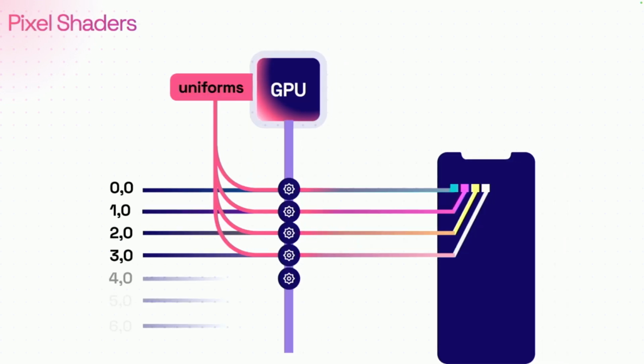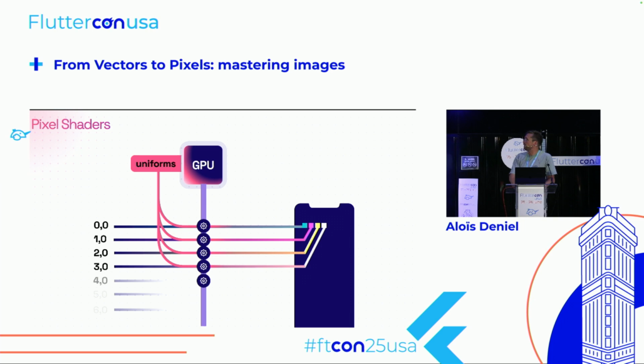And there are two main types of shaders, but the most probable to be useful from a Flutter program is the pixel shader. And the pixel shader is a small program that is executed for each single pixel of your application, of your canvas. So it takes a bunch of uniform arguments, and for each coordinate of your screen, it will produce one different color.